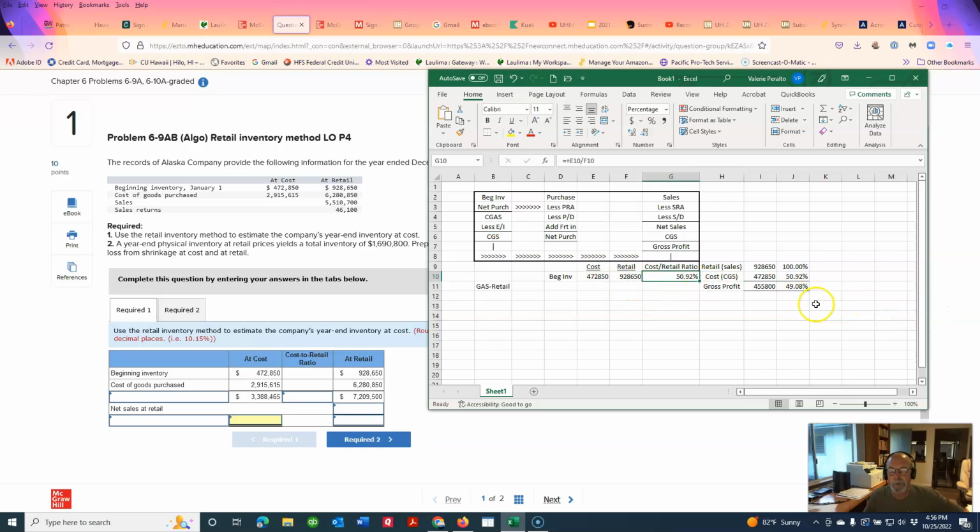And if we were to convert this percentage to a markup percentage, markup is a little different. Markup is always based on cost, not on retail.